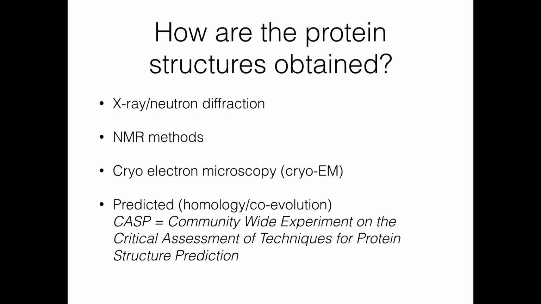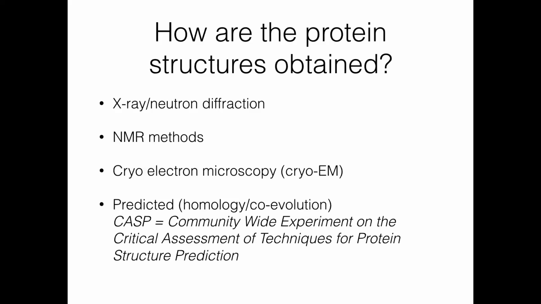If two amino acids have co-evolved, there would be a distance constraint and they would be solved in a similar manner to NMR. There is this competition called CASP, Community-Wide Experiments in Critical Assessment of Techniques for Protein Structure Prediction. It's really helping advance protein structure prediction, and you can go there and see a lot of groups trying to be the best at predicting.